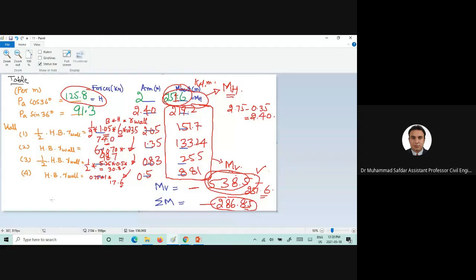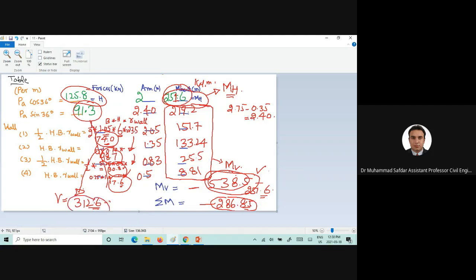Now we need to sum the vertical as well. So 1, 2, 3, 4, and 5. So once you add all these values, you'll get the sum of vertical forces, and that should be equal to 312.6 somewhere, or 312.